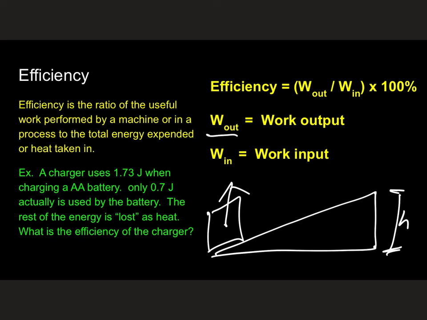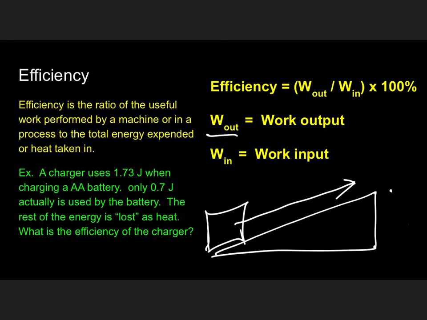The work in, however, let's see if I can erase some of this stuff. So the work in is the amount of work you use with the ramp or with the simple machine. Now we're talking about the distance and the force that you apply there, which should be less than if you had to lift it straight up. The distance will be greater, but the force should be less.